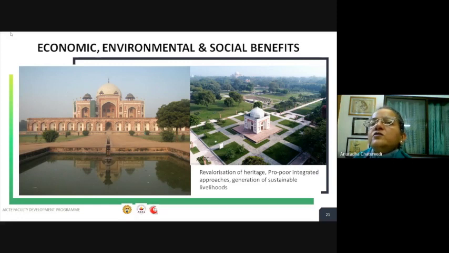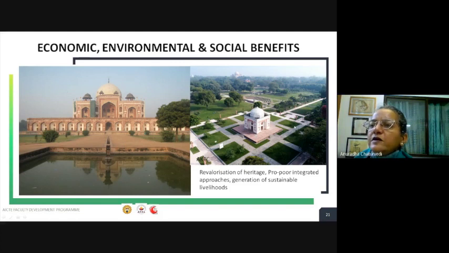So they tried to ensure that the economic, environmental, and social benefits of using heritage as a resource for development were achieved. And here we can see on the left side the Humayun's tomb complex, and on the right the Humayun's tomb complex within a much larger area which has been revalorized through this initiative.